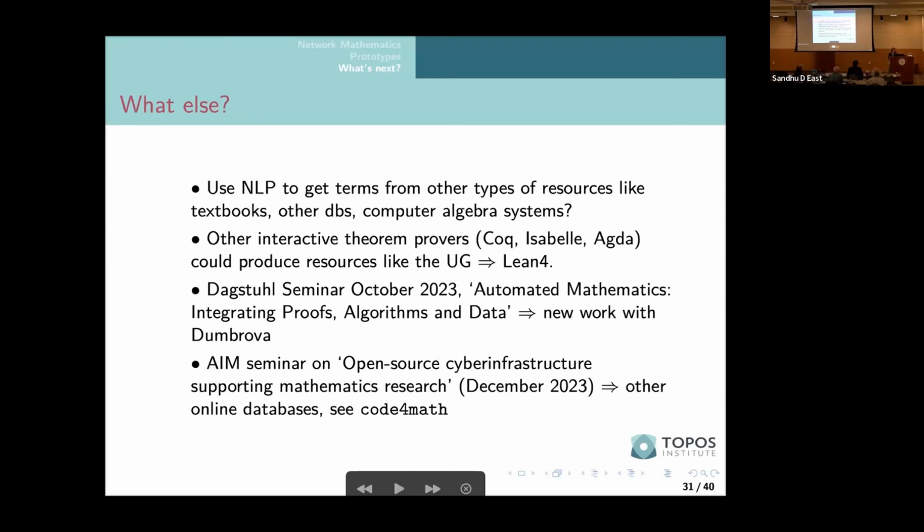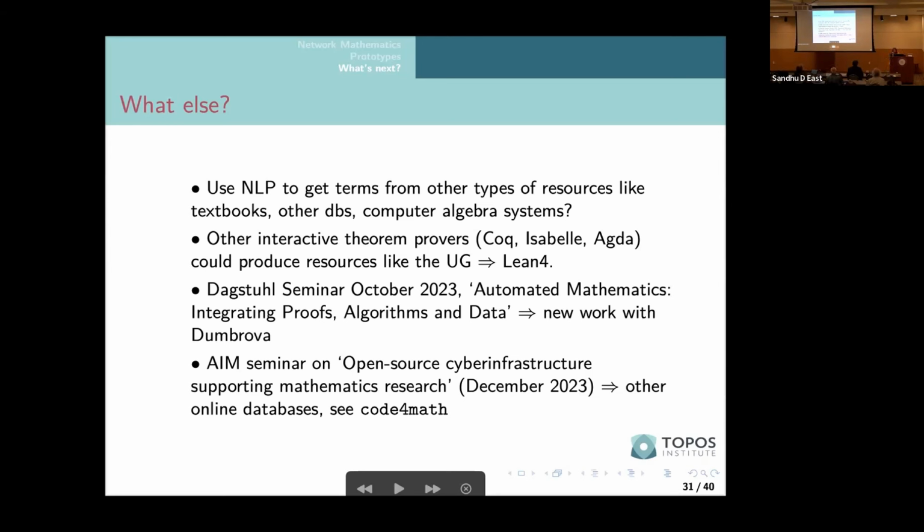So what else? Some of the stuff that I sent to some of you today as kind of information, right? We need other interactive theorem provers. There's loads of people trying to think along the same lines. There was a Dagstuhl seminar last fall on automated mathematics, integrating proofs, algorithms, and data.